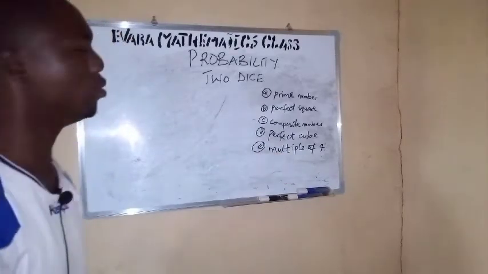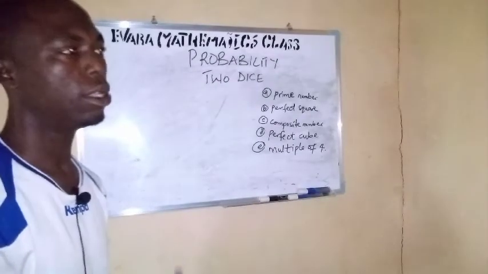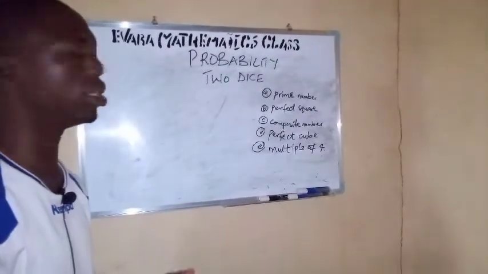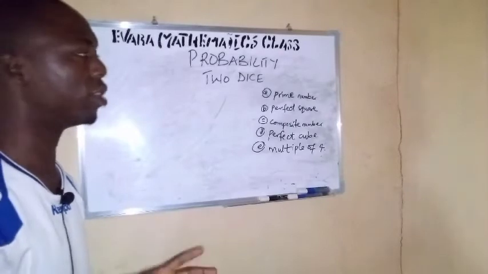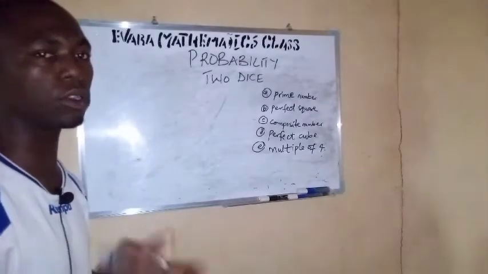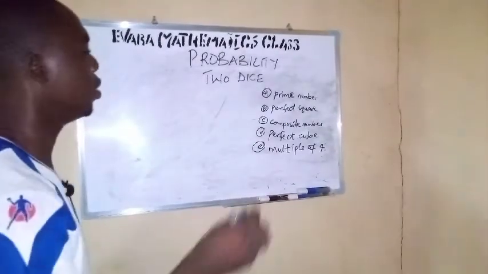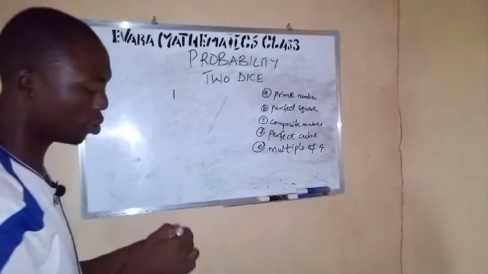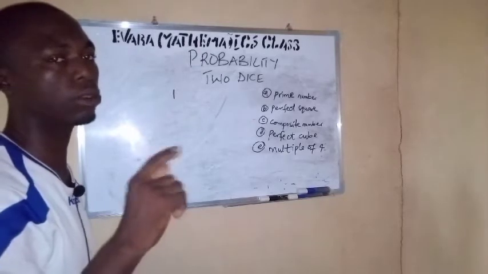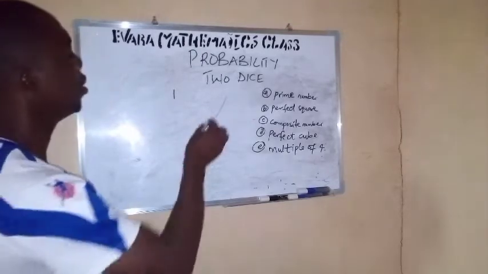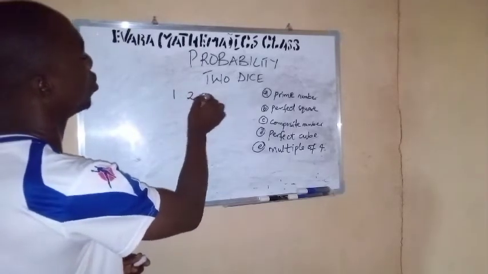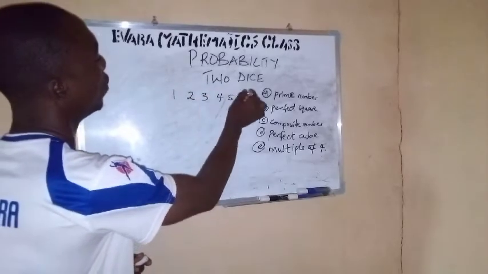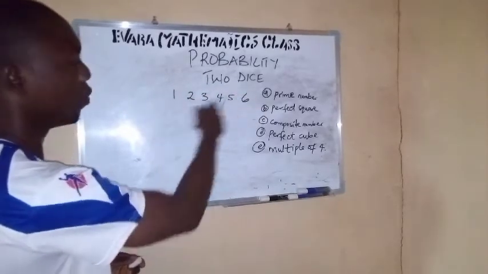Now, when you throw two dice, the way you are going to present the outcome, that is the sum of what appears on the faces of the two dice, is in tabular form like this. As we all know, in a die we have numbers 1, 2, 3, 4, 5, and 6. That is for one die.